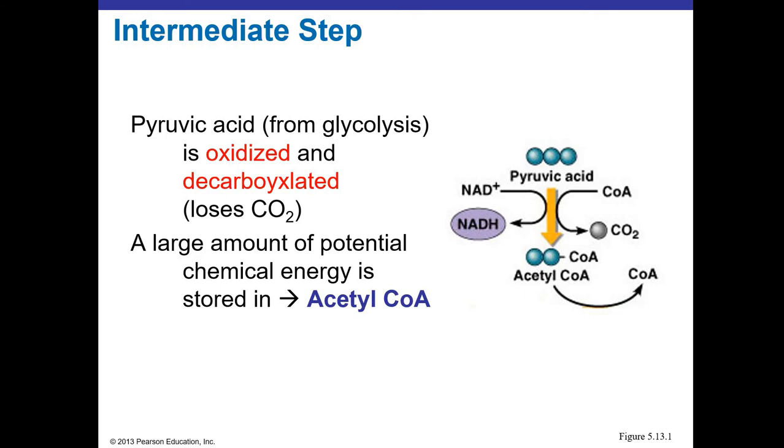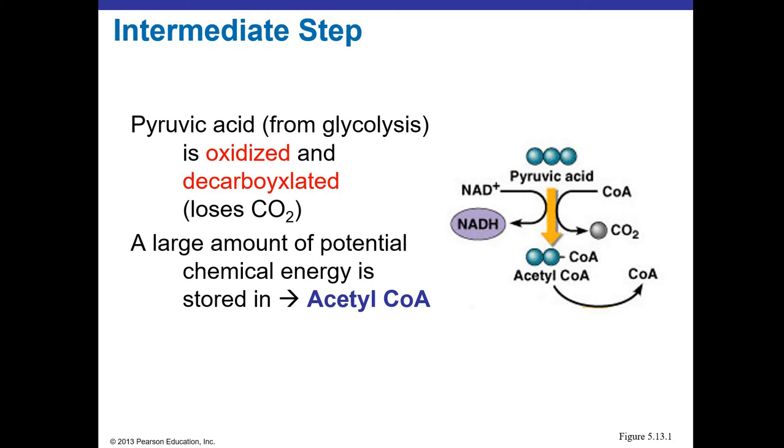We're going to get ready to go into Krebs, but before we can go into the Krebs cycle, we have this very important intermediate step. Pyruvic acid from glycolysis is going to be oxidized and also decarboxylated. So we're going to kick off some CO2 and turn pyruvic acid into a 2-carbon molecule of acetyl-CoA.